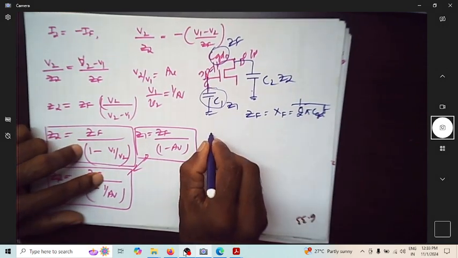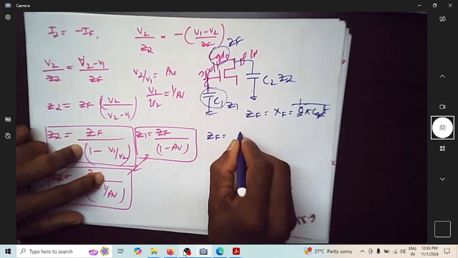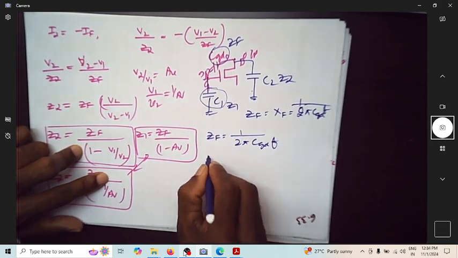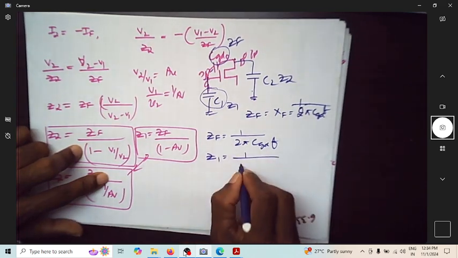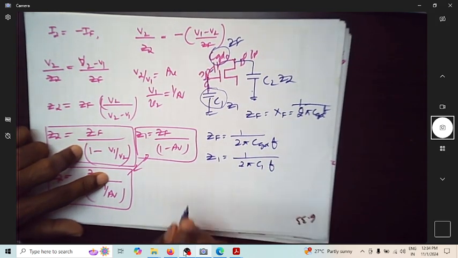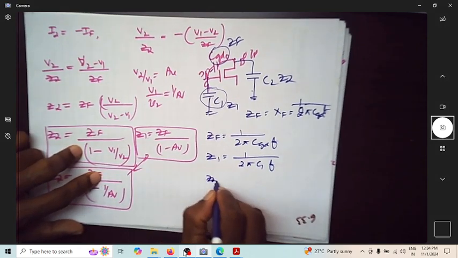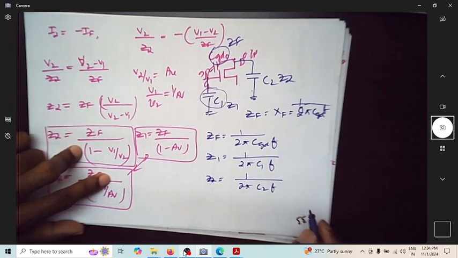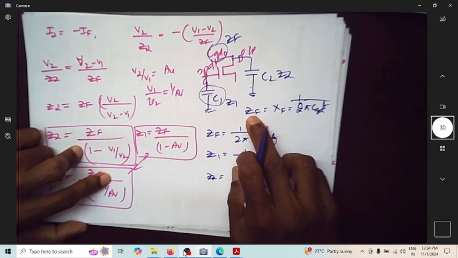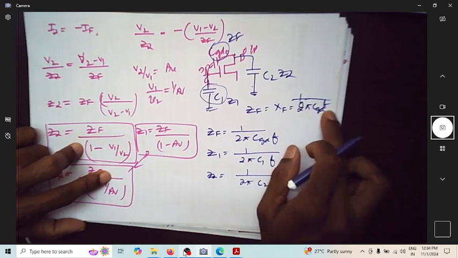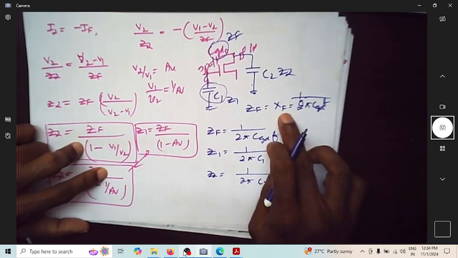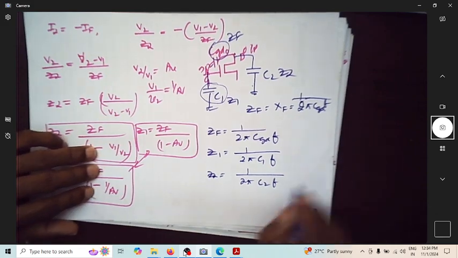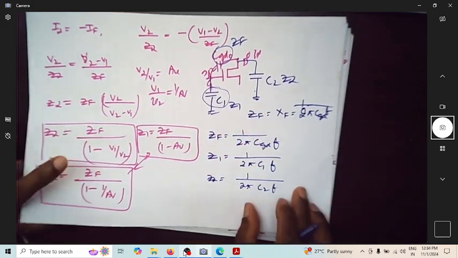So now shall I say this ZF is equal to 1 over 2 pi CGD into F. Then what is Z1? Is it not equal to 1 over 2 pi C1 into F? So what is Z2? Is it not 1 over 2 pi C2 into F? So wherever Z is there, replace it by X, because we know that the reactance offered by the capacitor is 1 over 2 pi F into C. So this is all Z1, Z2, ZFs.